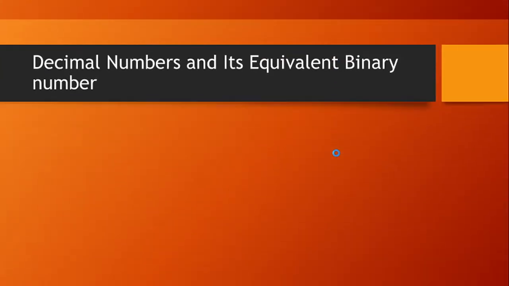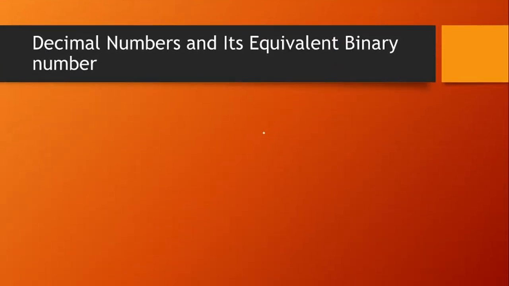So we have some decimal numbers and their equivalent binary numbers. Decimal numbers start from 0, and their equivalent binary is 4 bits of 0. Four bits we can call a nibble, and 8 bits we can call 1 byte.